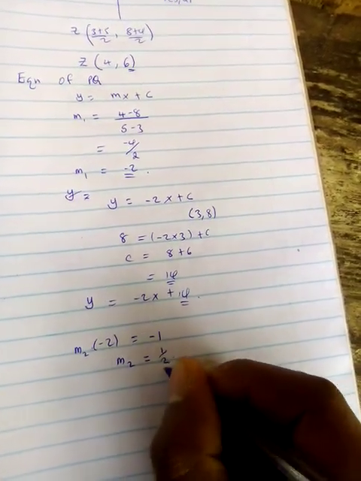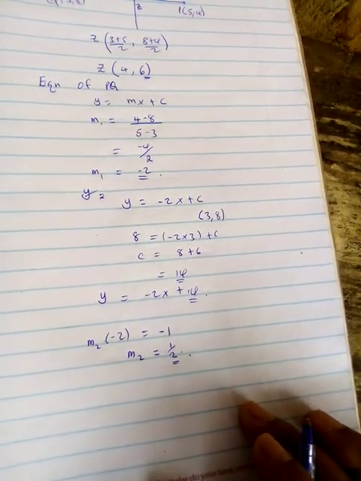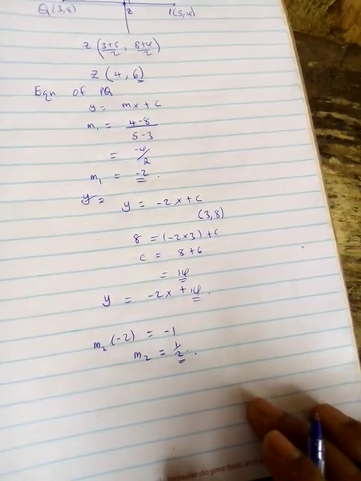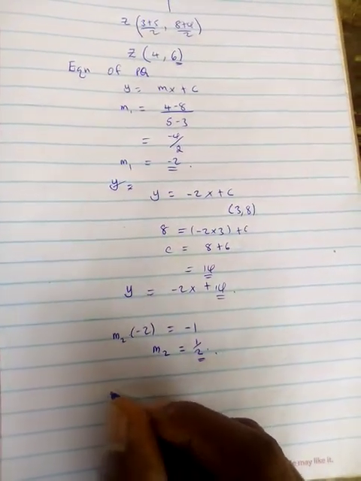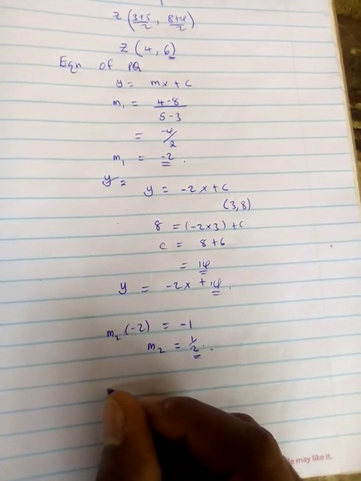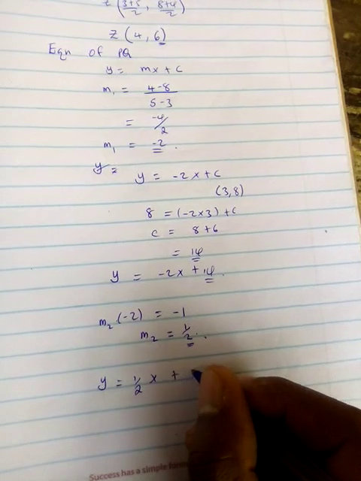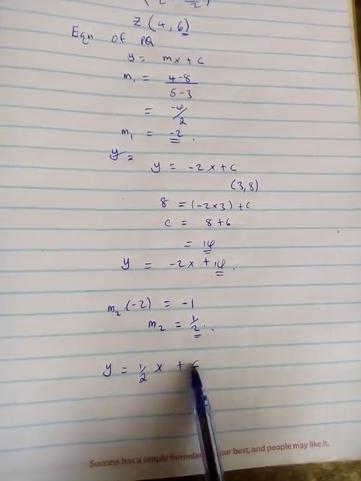a positive half. So to get the equation of the perpendicular bisector, from y equals mx plus c, my m is a half, so y equals a half x plus c. The only thing I'm left with is to find the value of c.